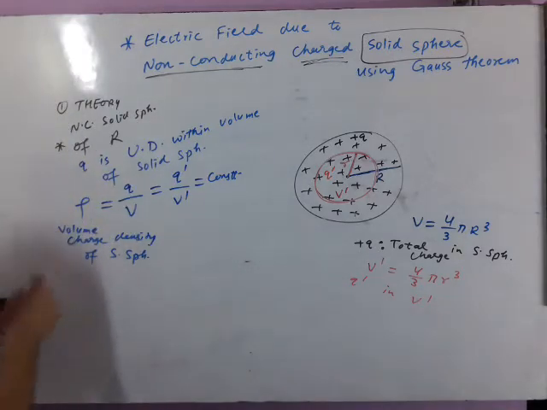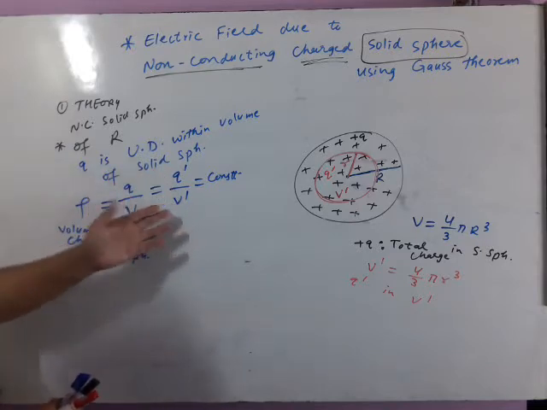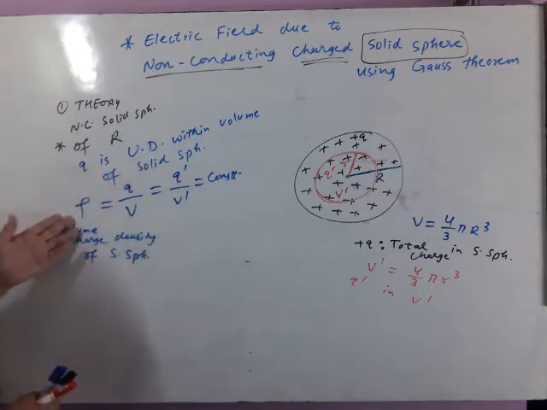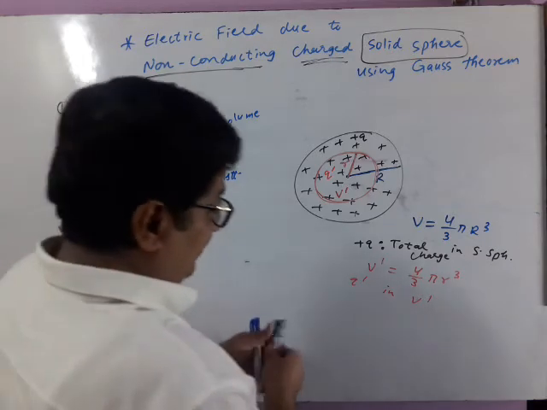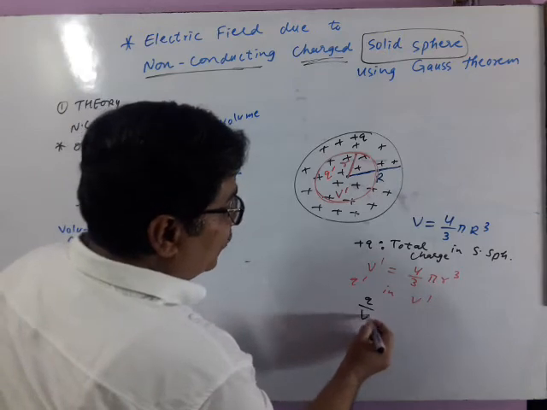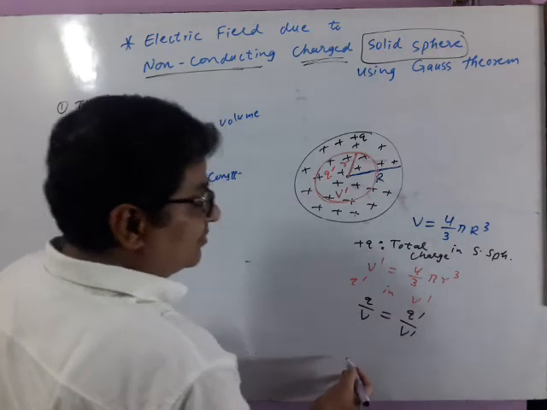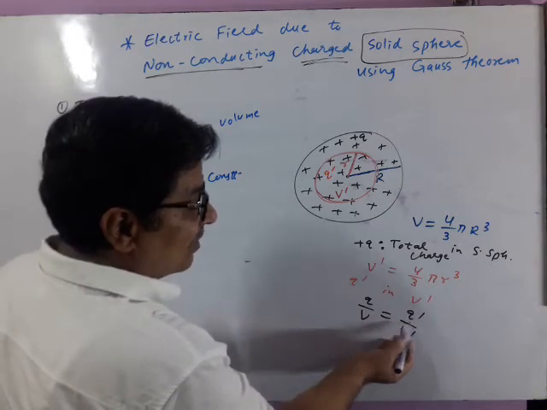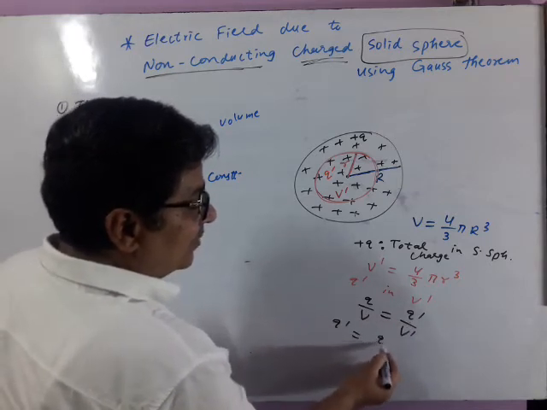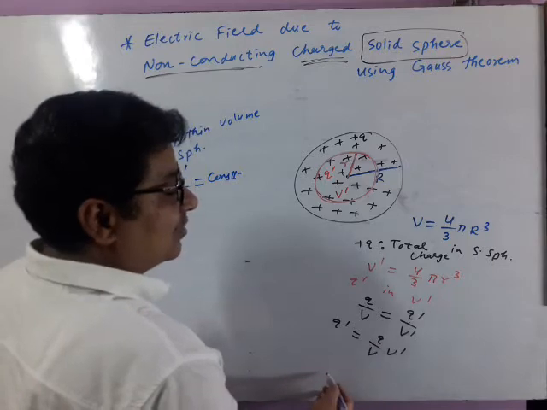And we are saying this is the volume charge density. Total charge upon total volume, Q dash upon V dash, will remain constant and we call it rho. Are you getting it? You can write it like this: Q upon V, Q dash upon V dash. Now you can find Q dash like this: Q dash will be Q by V into V dash.